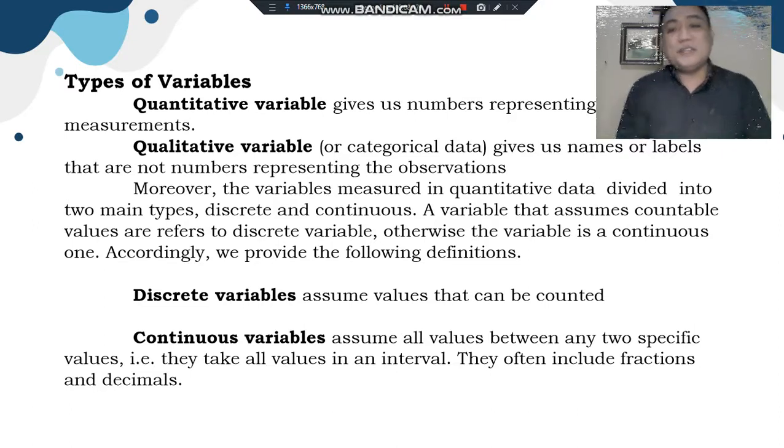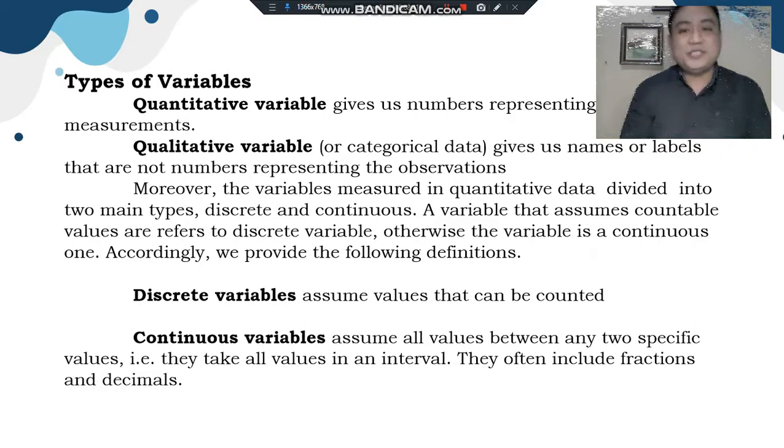Moreover, the quantitative variables are divided into two main types. The first one is discrete and the second one is continuous. The first one assumes values that can be counted. For example, how many electric fans do you have in your home? It can be five, right? Yes, it can be counted.